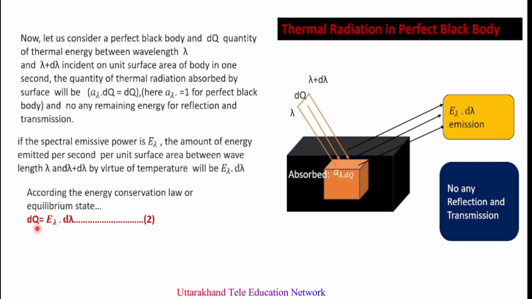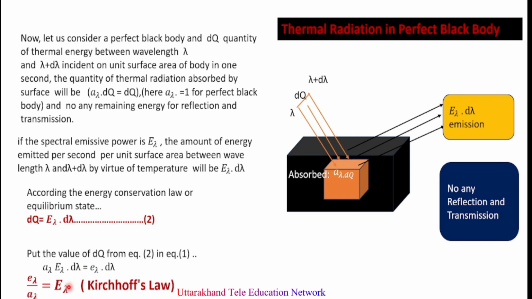Now put this value of dQ from equation 2 into equation 1. So A_λ times E_λ dλ is equal to e_λ dλ, and simplifying mathematically, we find e_λ upon A_λ is equal to capital E_λ, where e_λ is the spectral emissive power of the body and A_λ is the spectral absorptive power.